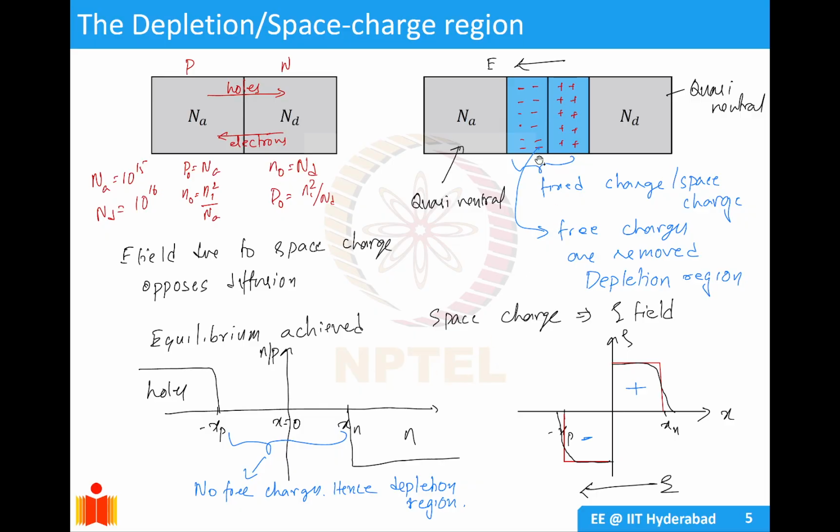The fixed charges are only in the depletion region and not outside the depletion region. So in the p type semiconductor's depletion region, there are negative charges, and on the right side, in the n type region, there are positive charges.